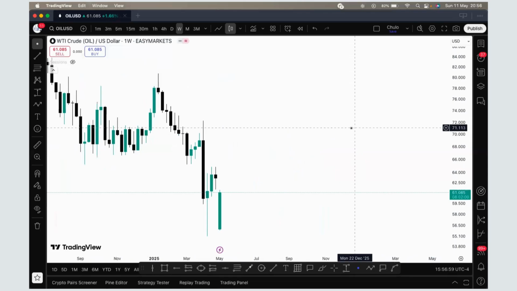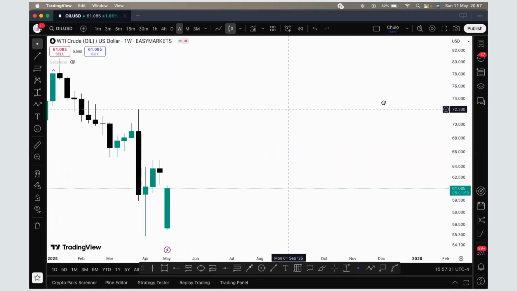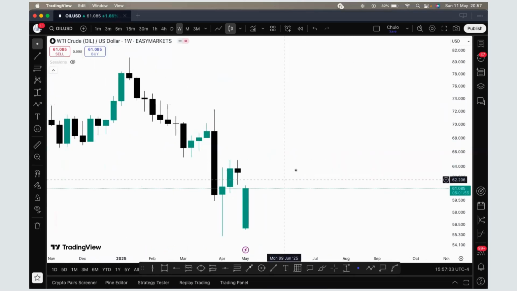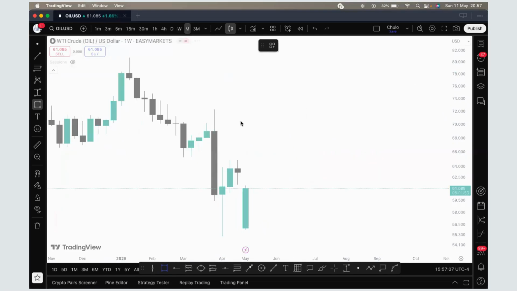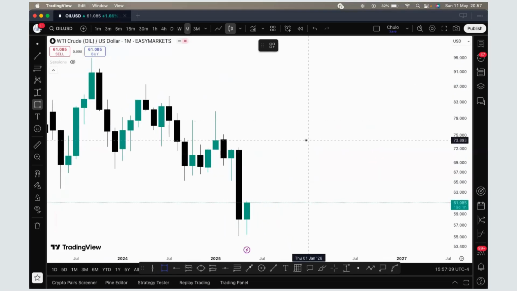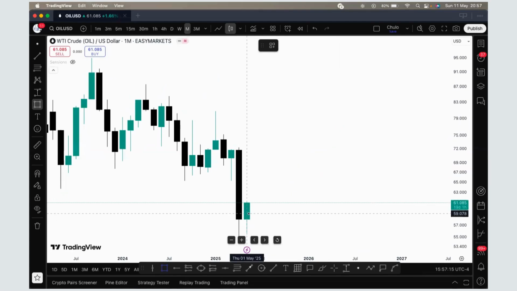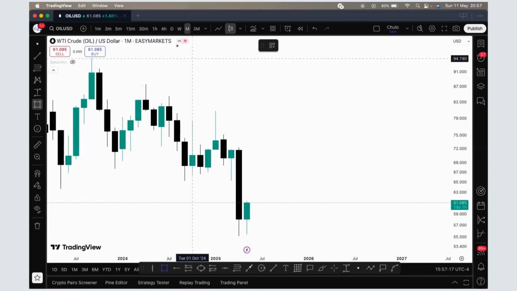Remove all drawings. So from the weekly time frame here, let's look at the monthly time frame first before dropping down to the weekly time frame. This candle is going to close in the next 19 days, so we have to work with the weekly time frame.